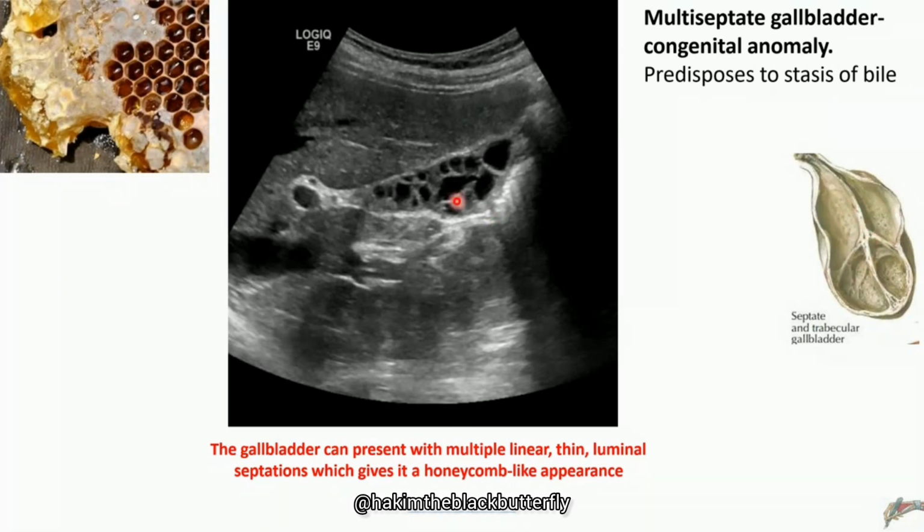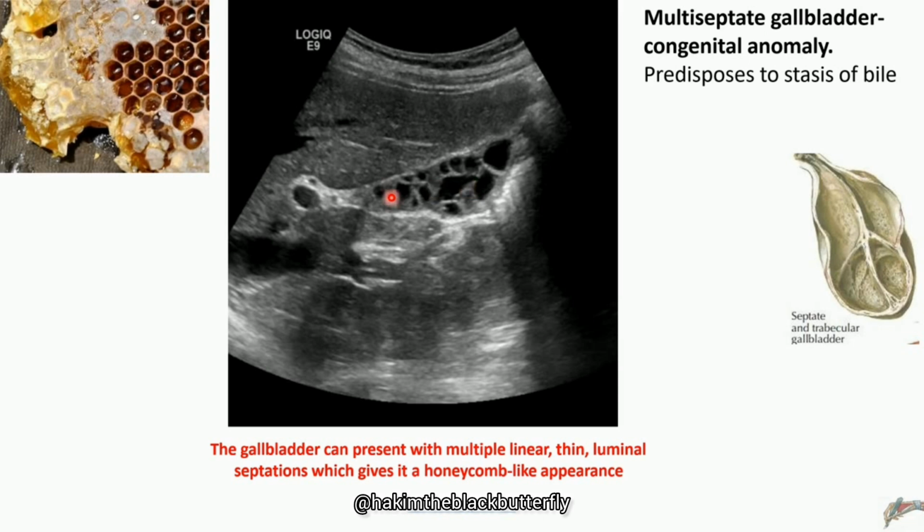Because of the septations, of course, it will further increase chances of bile to be static. There will be stasis of the bile. And once bile is static in one place, the chances of salts to crystallize are going to be very high, hence forming stones. So patients with a multi-septate gallbladder are going to have a higher risk of also developing stones within the gallbladder.